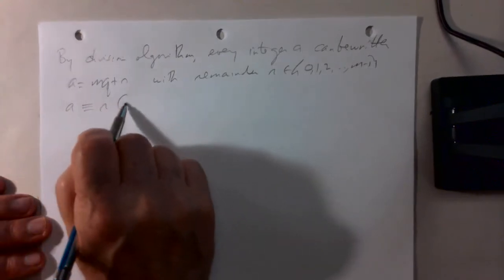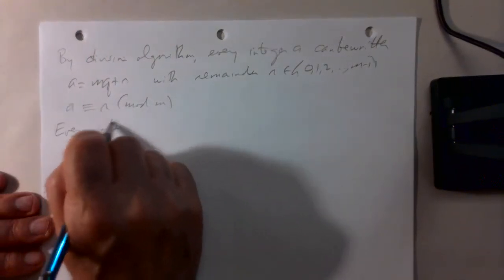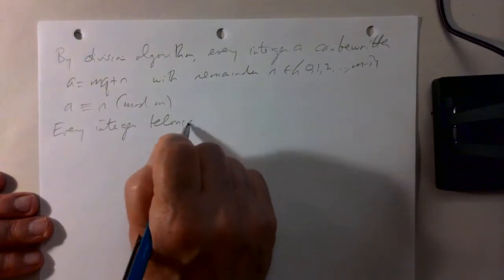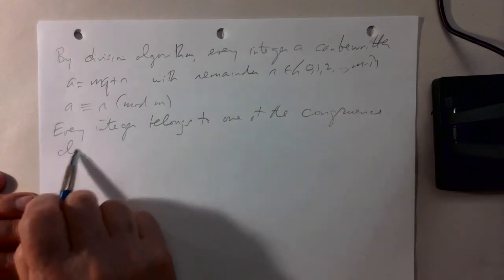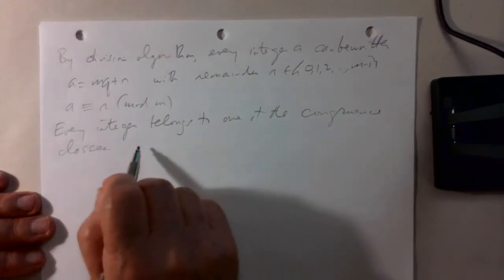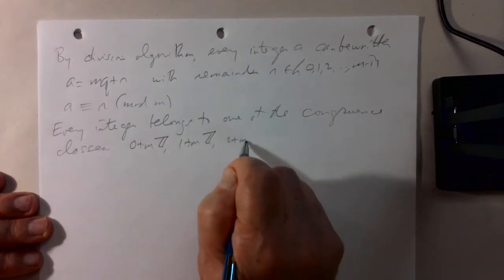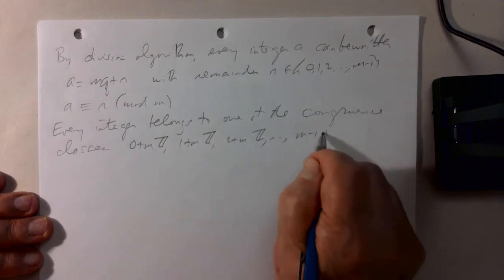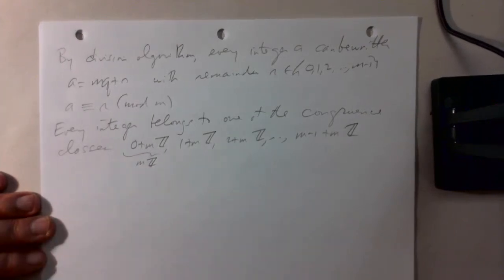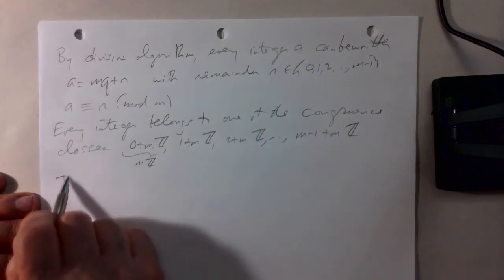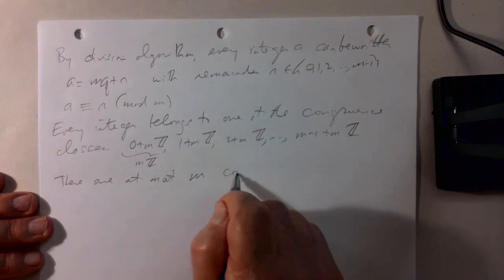So A is congruent to R mod M. So every integer belongs to one of the congruence classes: 0 plus MZ, 1 plus MZ, 2 plus MZ, up to M minus 1 plus MZ. And of course, 0 plus MZ, we can just write as MZ. So there are at most M different congruence classes.